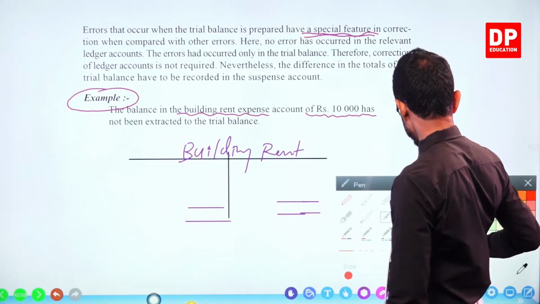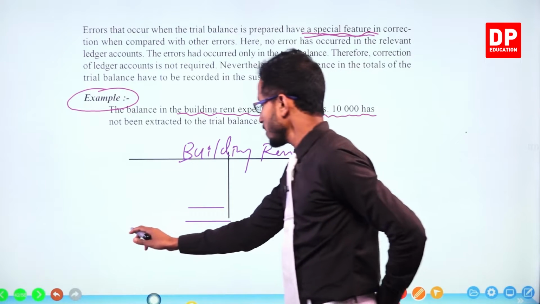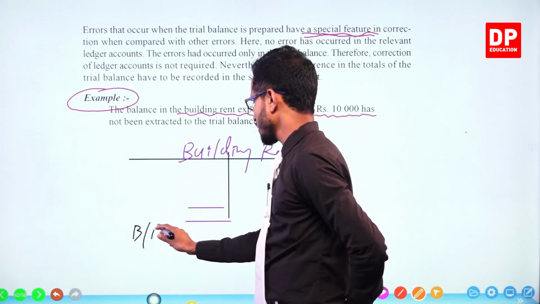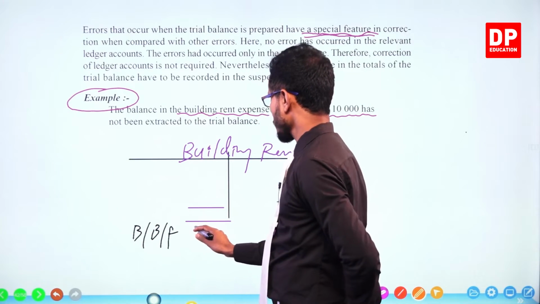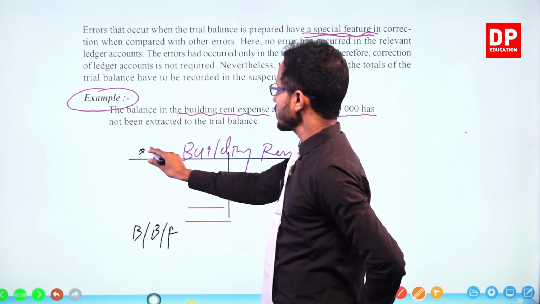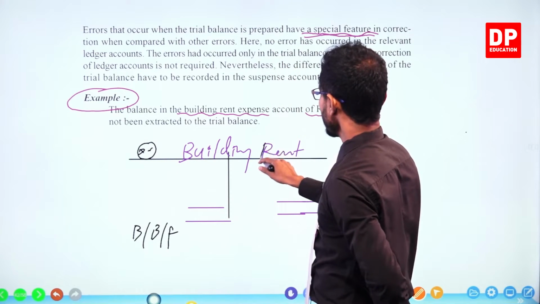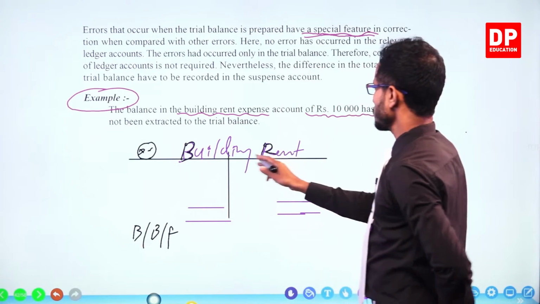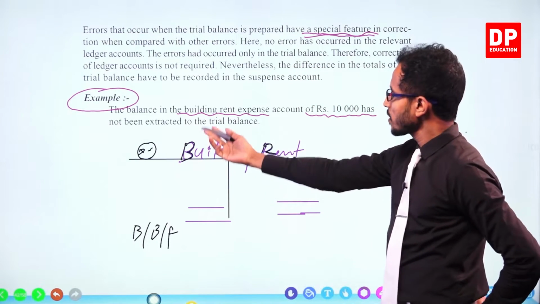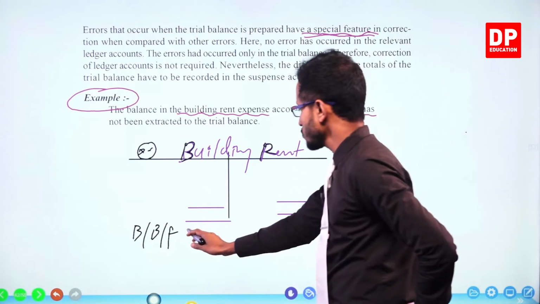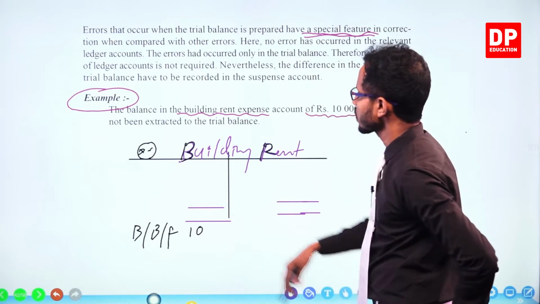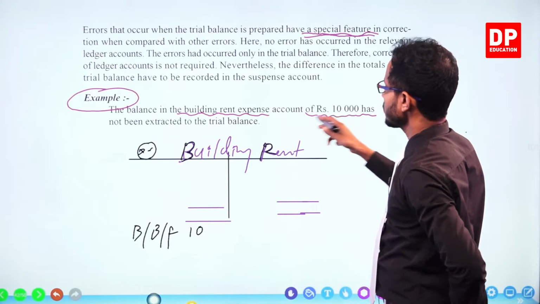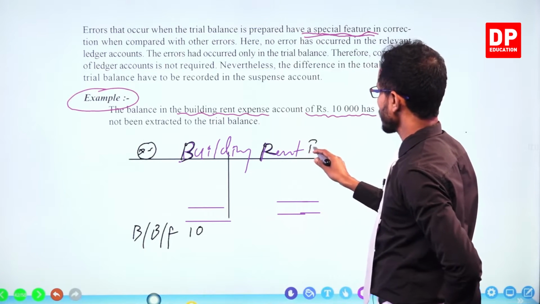The balance of the building rent account should be on the debit side because this is an expense account. It is 10,000. Building rent expense, this is an expense account.